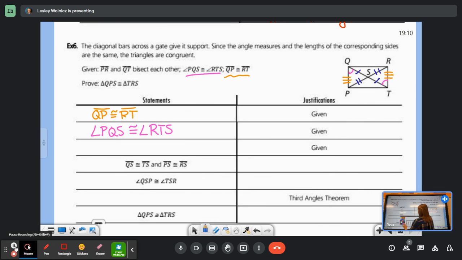And we know that PR and segment QT bisect each other. Okay, that was given to us. So if they are bisecting each other, we know that QS and TS and PS and RS have to be congruent because of the definition of a bisector.